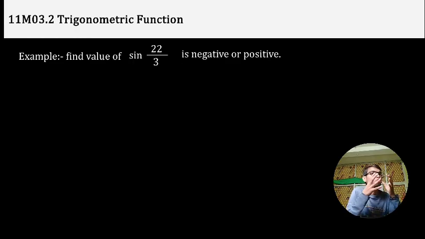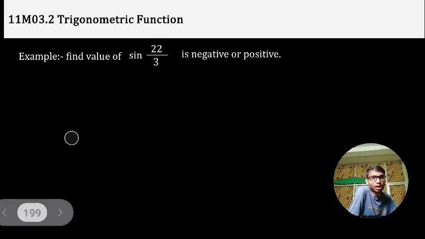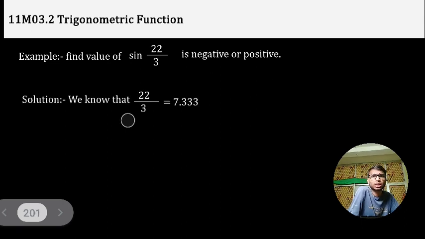To find the sign, we have to say where the position of theta is in the quadrant, in the circle on the Cartesian plane. So 22 upon 3 is equal to 7.33, and this is in degrees.